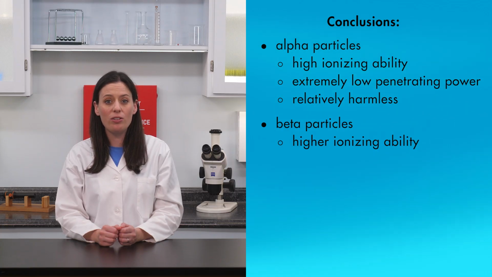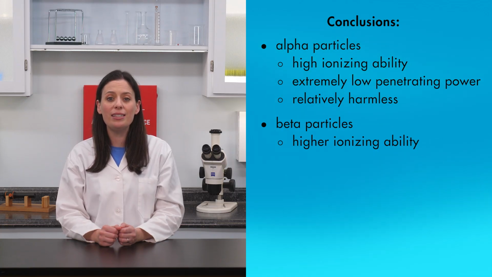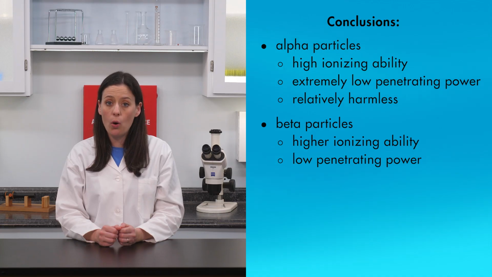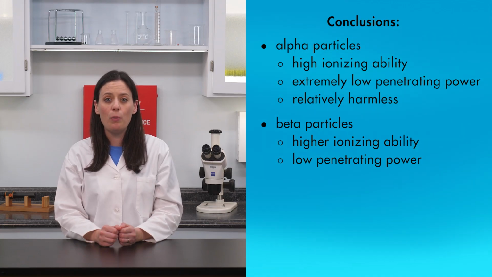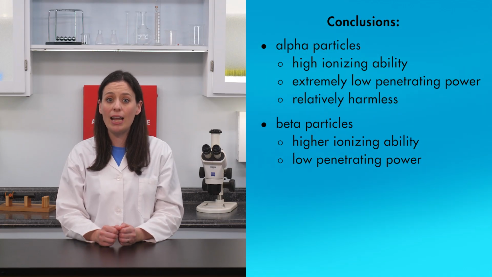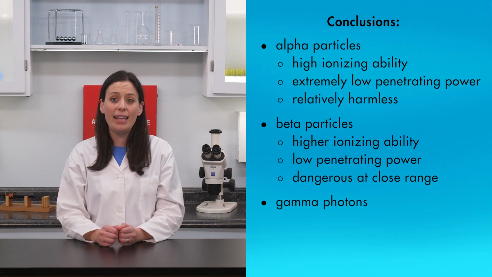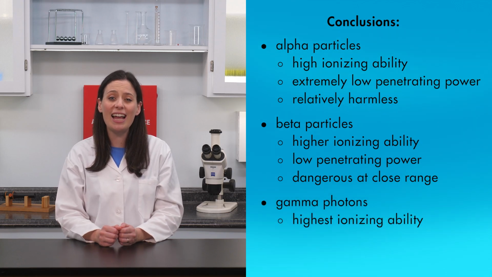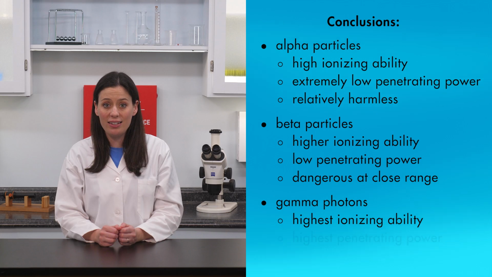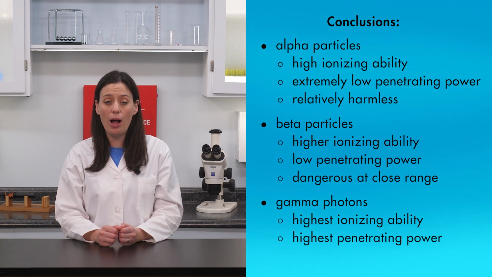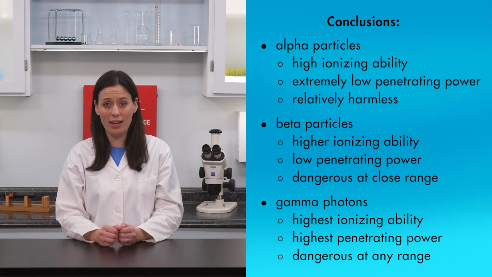However, beta particles can be blocked by a thin piece of metal, so they have a low penetrating power. With a high ionizing ability and a low penetrating power, beta radiation can be dangerous at close range. Gamma photons have the highest ionizing ability and the highest penetrating power, so gamma radiation is dangerous at any range.